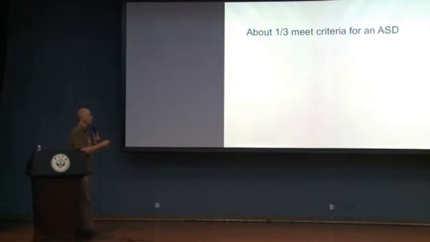If you use all the standard diagnostic instruments, the Autism Diagnostic Observation Schedule, the Autism Diagnostic Interview, the ADOS and the ADI, as well as clinical interview, about a third meet criteria for autism. So this is way higher than in the typically developed population.